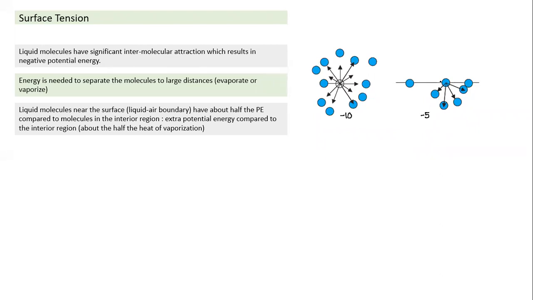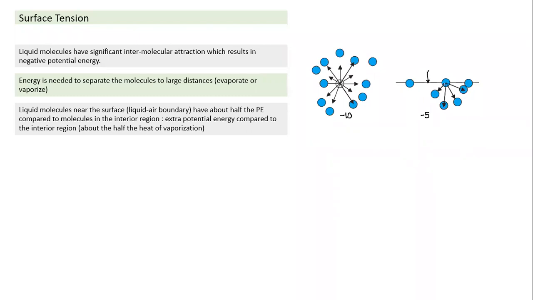And how much is that extra energy? Extra energy is equal to half the energy needed to vaporize it or to separate it. So in a way, it is linked to the heat of vaporization. The larger the surface is, the larger the energy, as it is proportional to surface area. That results in what we call surface energy.